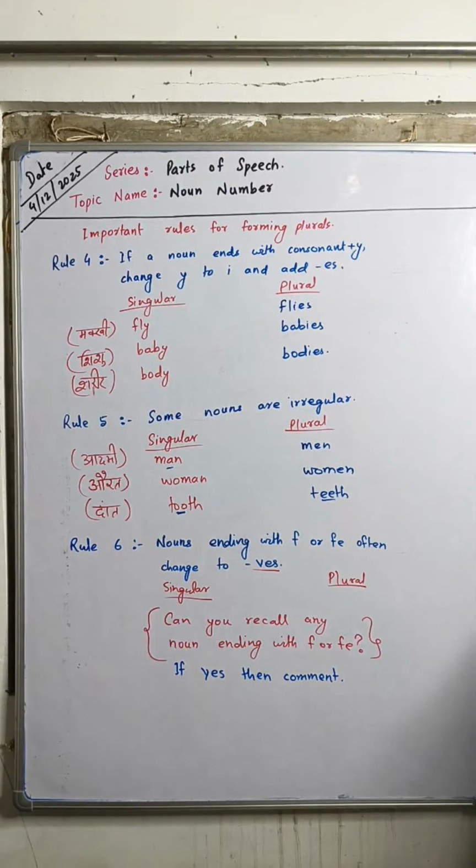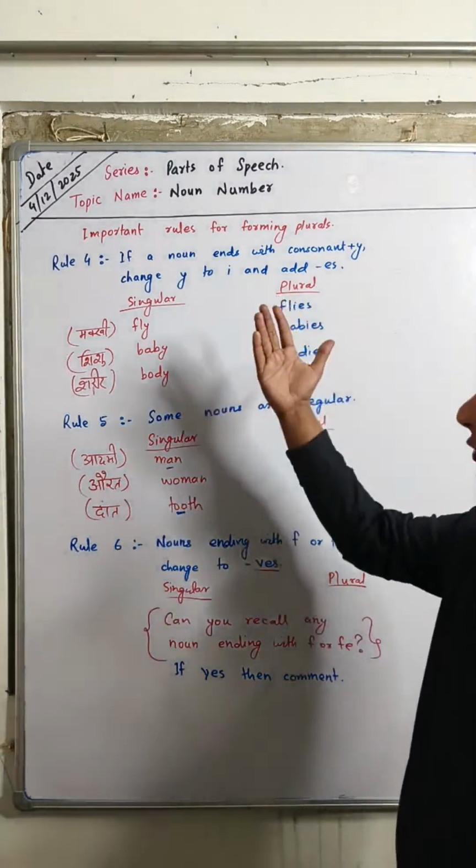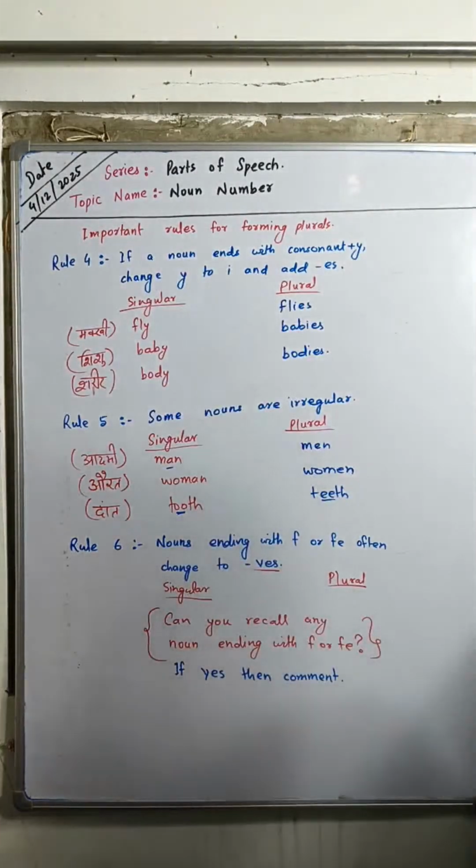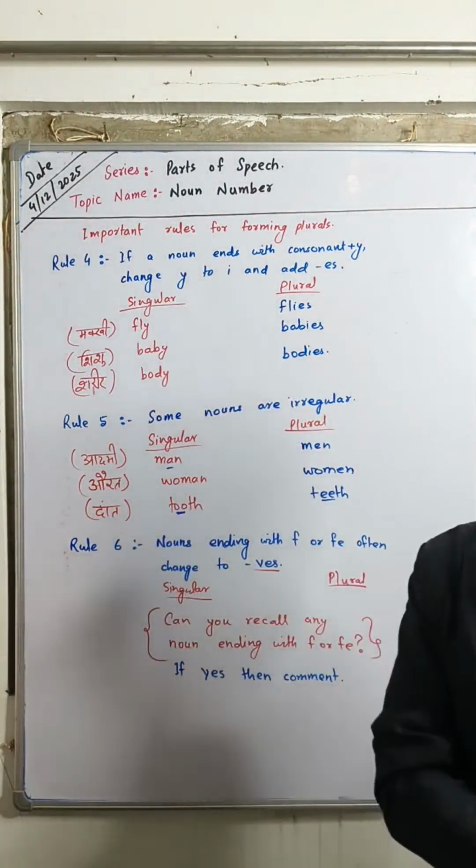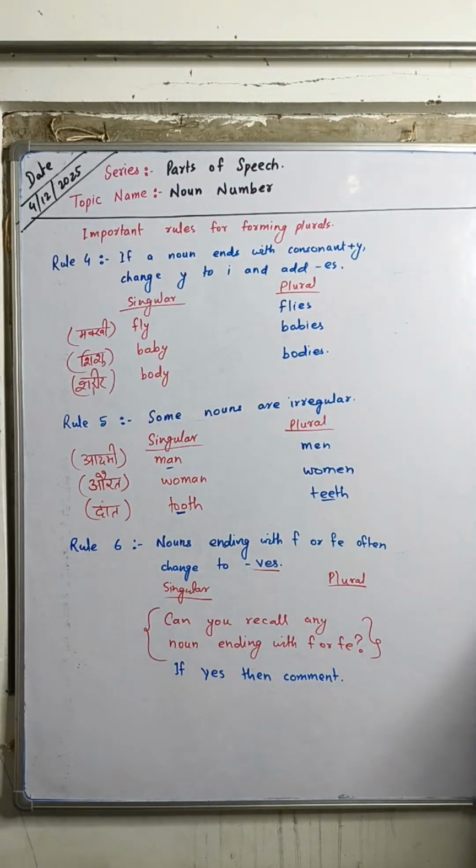Come on, guys, participate in this class as well. Let's learn with each other, learn together. You can give examples of rule number 4 and 5 as well. I have written 3 examples in each rule. So in rule number 6, I want you guys to comment any noun ending with F or FE.